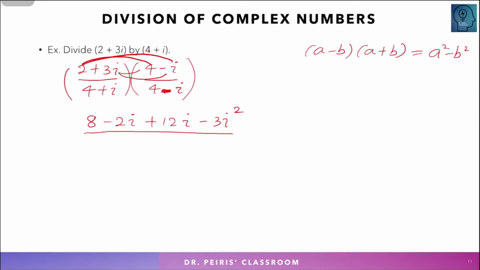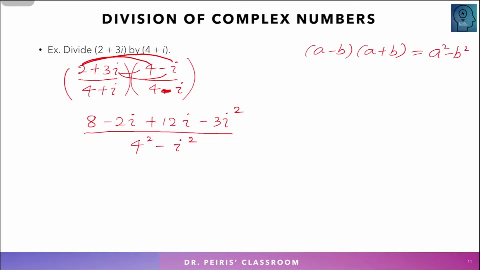So this is the difference formula. So we can simply write it as a squared minus b squared. So it is going to be 4 squared minus i squared.